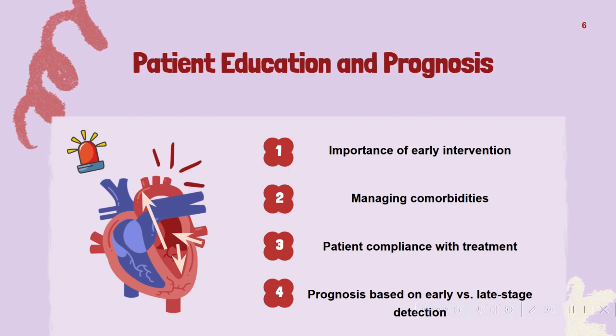In conclusion, coronary artery disease is a serious cardiovascular condition caused by the buildup of plaque in the coronary arteries, leading to reduced blood flow to the heart muscle. Key aspects of CAD include its development through atherosclerosis, risk factors such as smoking, hypertension, and high cholesterol, and its potential life-threatening consequences like heart attacks, heart failure, and arrhythmias.